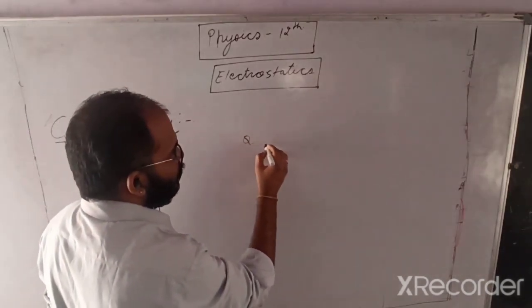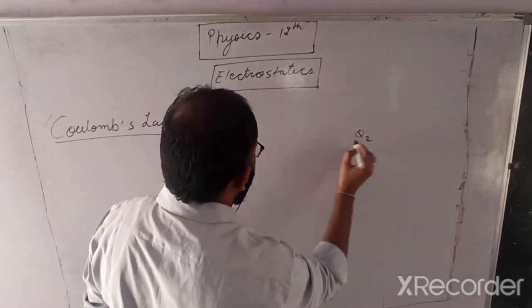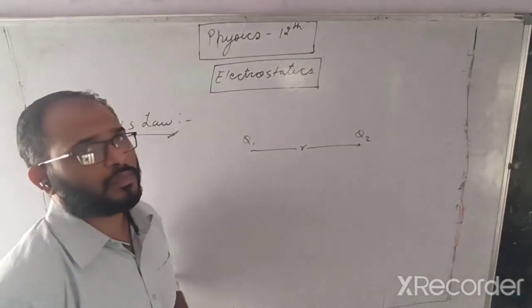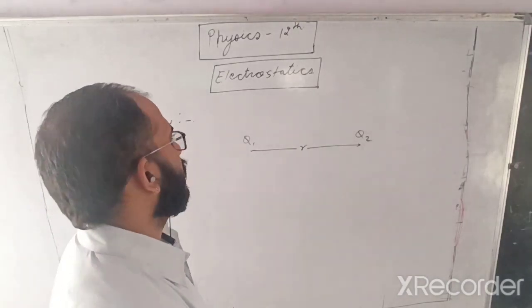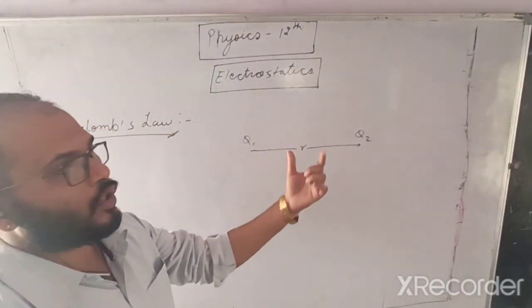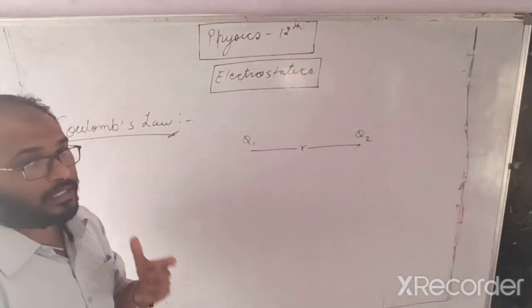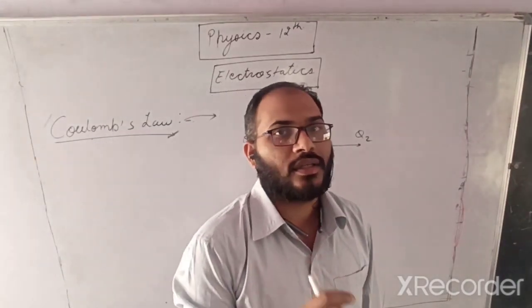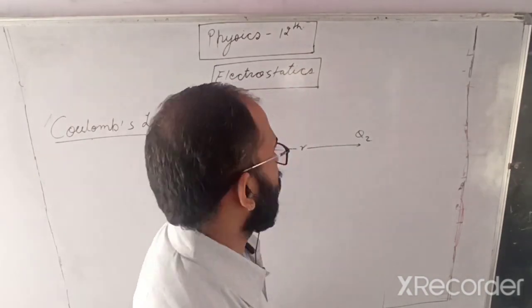We know that Q1 and Q2 have a separation of R, then the force between them is given by Coulomb's law. Basically, Coulomb's law is applicable for a point charge or a static charge.